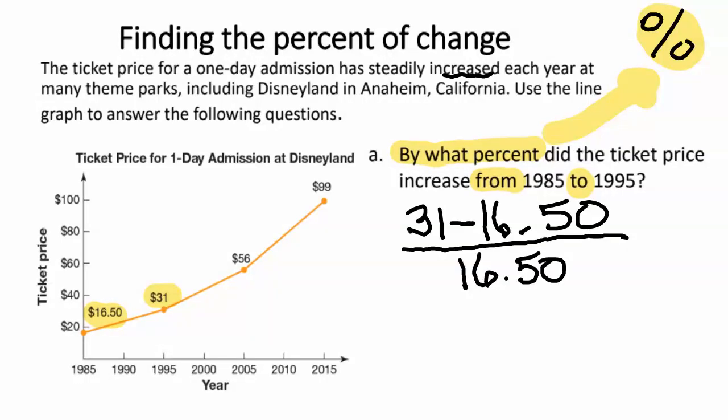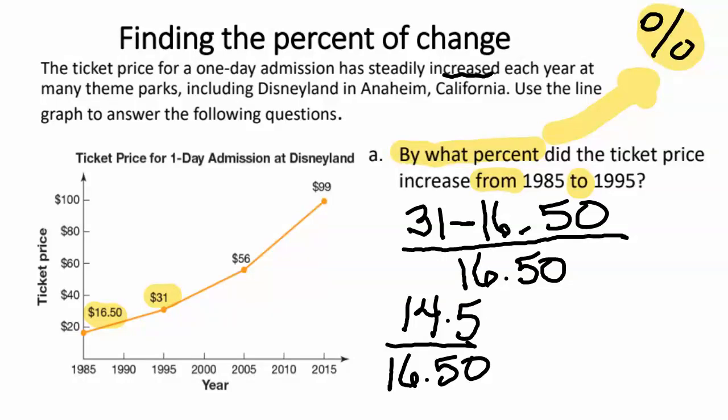So we do the top. 31 minus 16.50 is giving me 14.5, and I'm dividing it by 16.50.